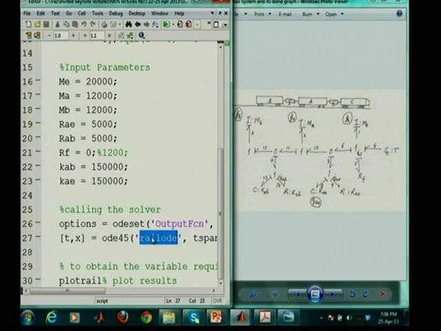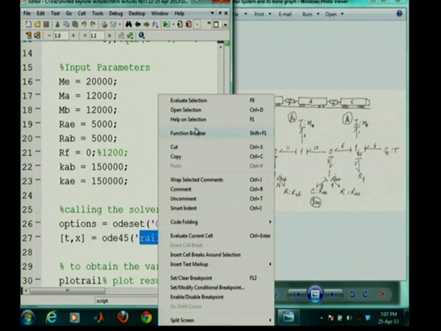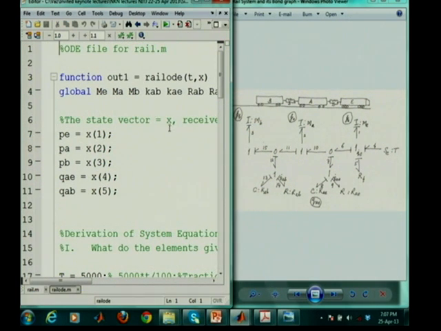differential equation file which we are obtaining from bond graph. It's over here, rail ODE. We'll open this selection, and this is exactly the same way as we did, and I'll explain to you the coding. I think by now you are going to be pretty familiar with it, but just as a sort of exercise, I think it's good for me to go through it once.